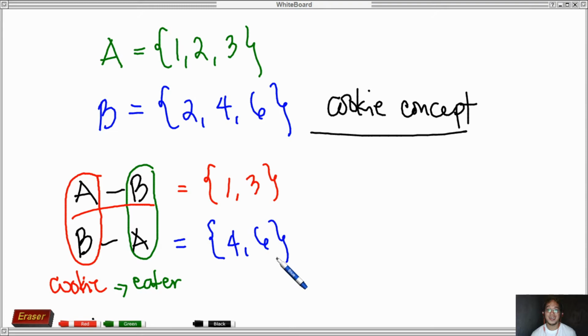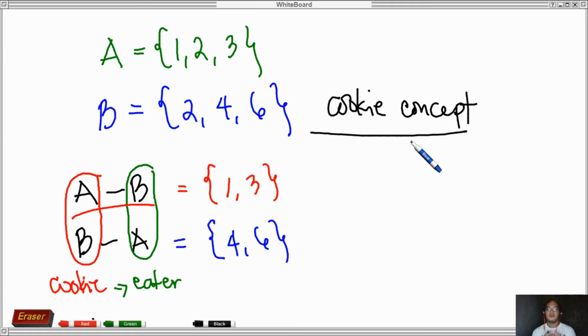Confusing, right? It is very challenging because we are following the cookie concept when dealing with the difference of sets. Be very vigilant, very observant, and very careful when dealing with difference of sets, because it is a little bit more complicated compared to union and intersection.